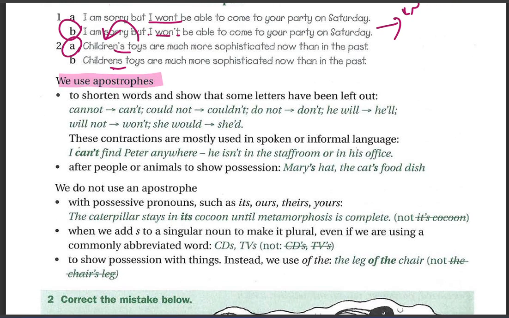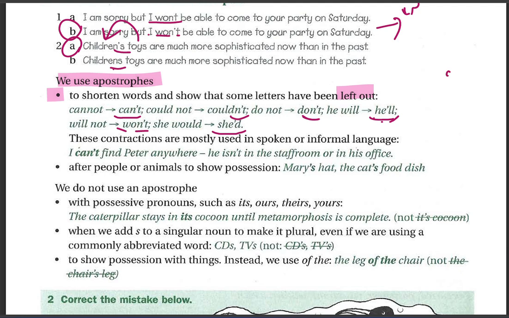We use apostrophes, 1, to shorten words and show that some letters have been left out. When it comes to contraction, look at here: cannot, can't; could not, couldn't; do not, don't; he will, he'll; will not, won't; she would, she'd.